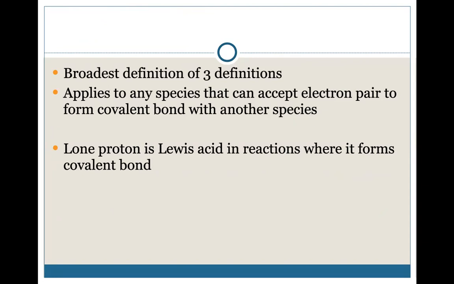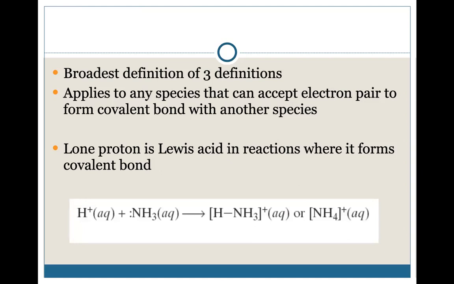Even a single proton, in a lot of the Bronsted-Lowry examples we're looking at, going back to the HCl and the ammonia, but we'll just ignore the Cl because it doesn't actually play a part. This is a single proton. It's going to form a covalent bond with ammonia through the donation of these two electrons from the ammonia molecule. Hydrogen ions don't have electrons to share, so that's why the Lewis definition applies.